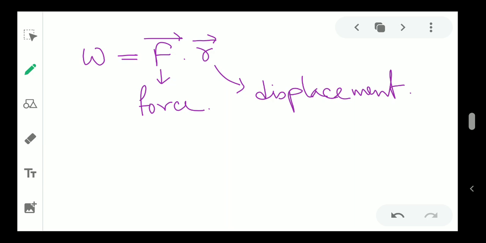Before we go into power, we must know some more things about the work done, force and displacement.